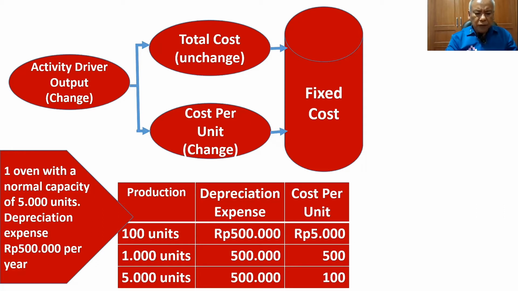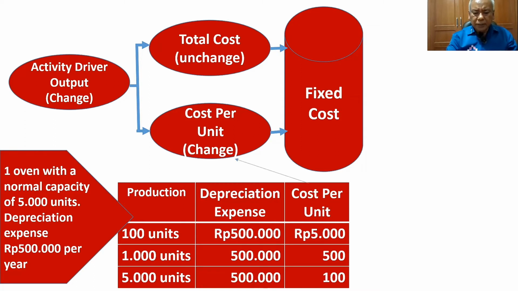500,000 divided by 5,000. So the more units produced, the less cost per unit, because the depreciation expense is constant.